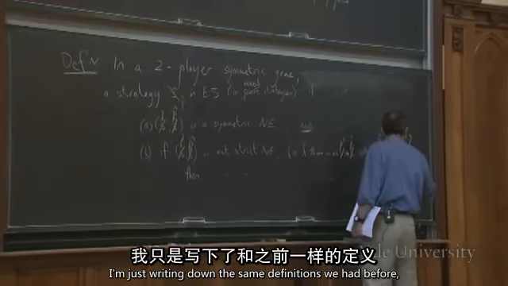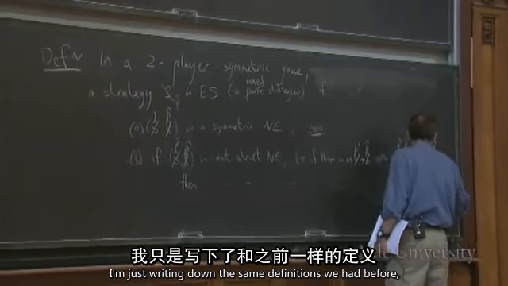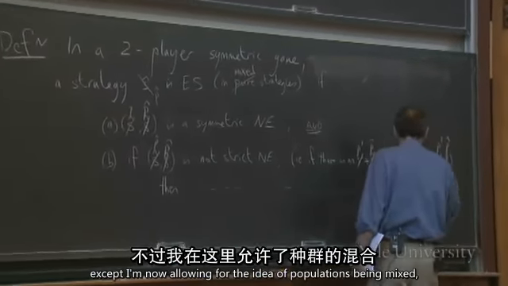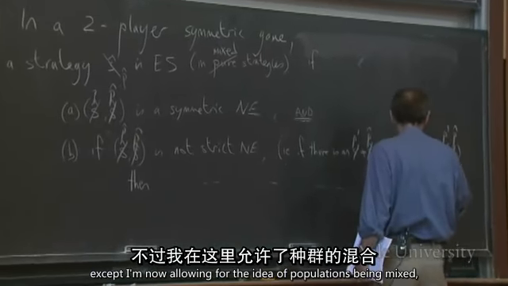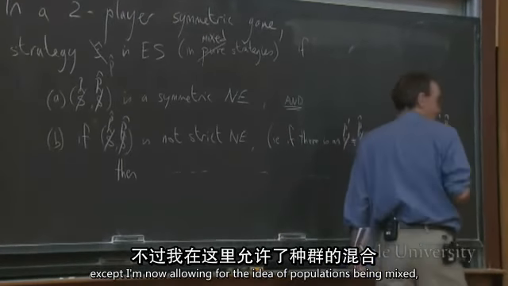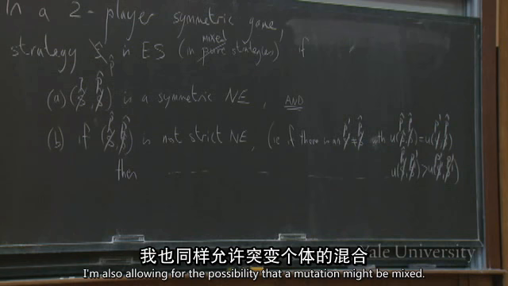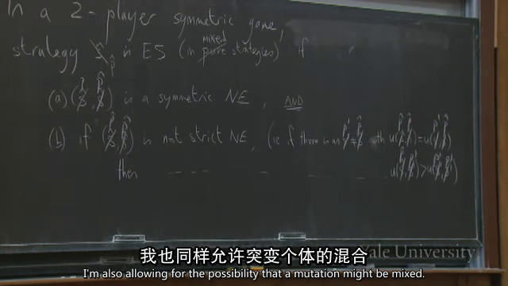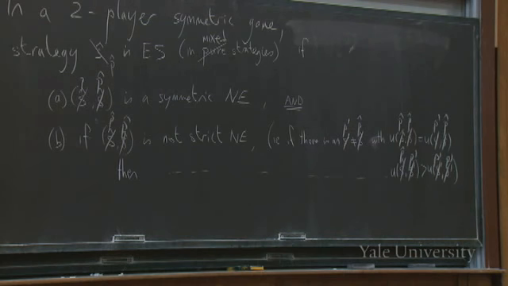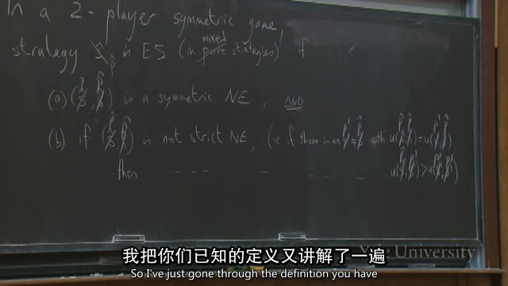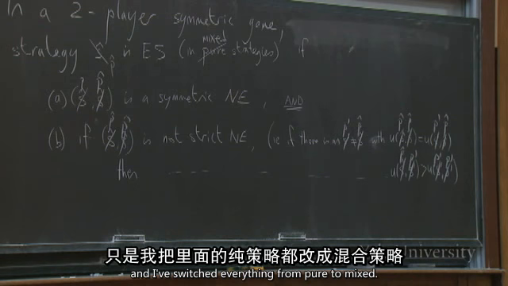I'm just writing down the same definition as we had before, except I'm now allowing for the idea of populations being mixed. And just note in passing, I'm also allowing for the possibility that a mutation might be mixed. Did I catch them all? I've just gone through the definition you have, and I've switched everything from pure to mixed.